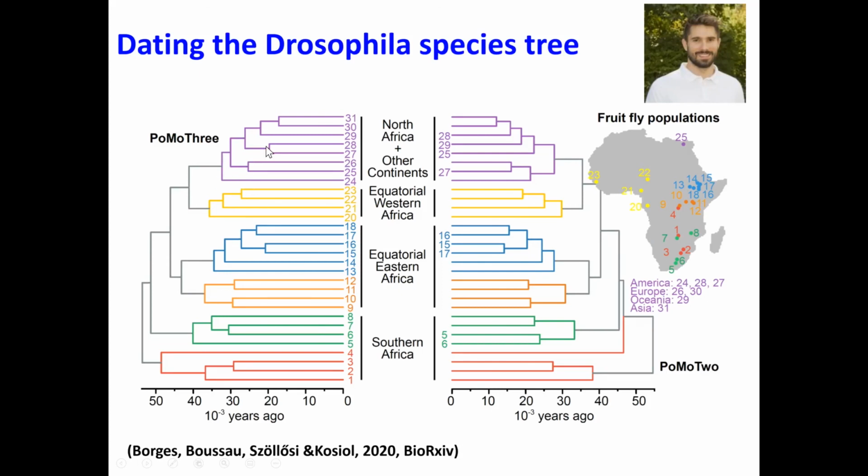For example, look at the purple clade: that is the split between the populations which are out of Africa and in Africa. If you have selection, this is something over 30,000 years. If you don't have selection, it's slightly under 30,000 years. An age under 30,000 years is also what is found in the literature.